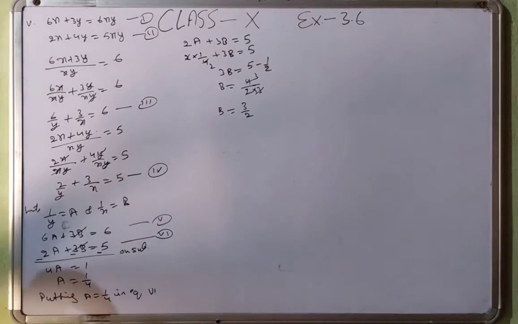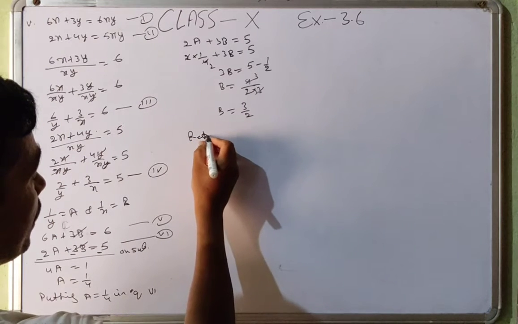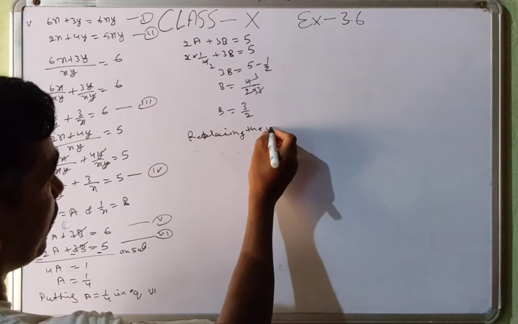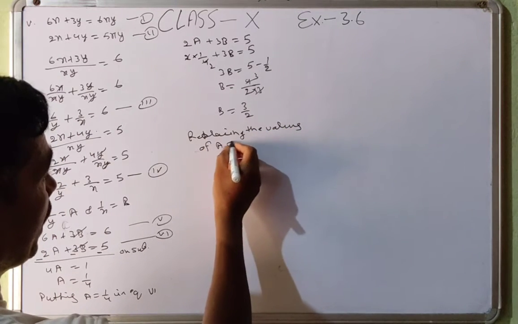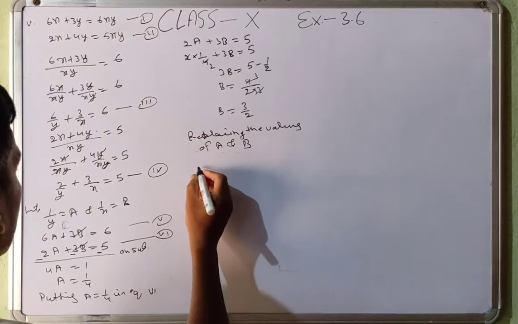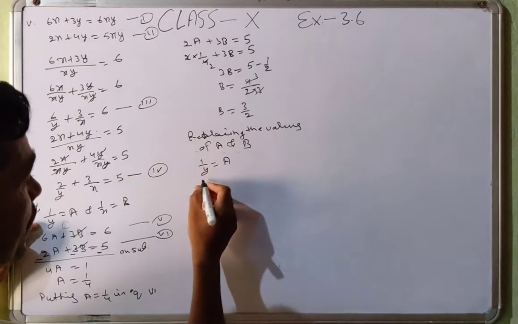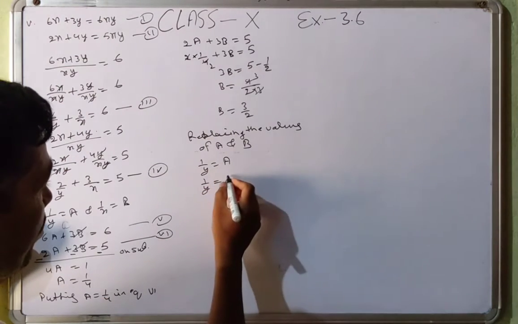Now replacing the values of a and b. So 1 upon y is equal to a. So 1 upon y is equal to, a value is 1 upon 4.